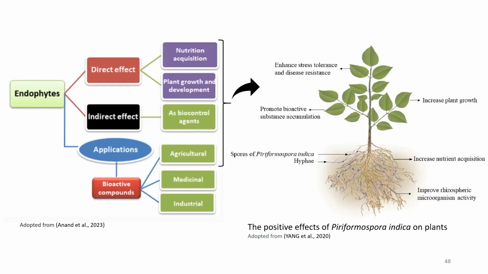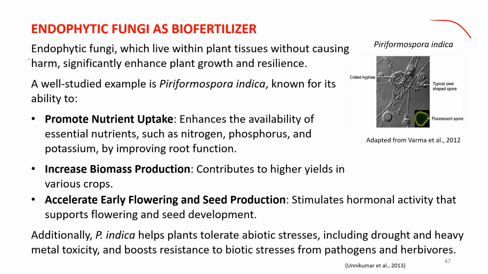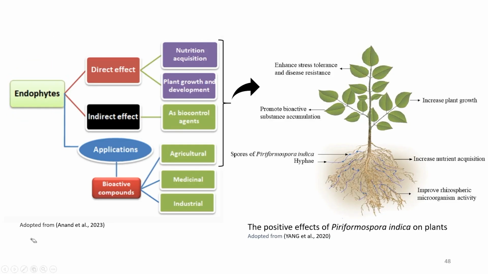Additionally, P. indica helps plants to tolerate abiotic stress, including drought and heavy metal toxicity, and boosts resistance to biotic stresses from pathogens and herbivores. So, we can see here the endophytes which we can use as biofertilizer. They can have a direct effect or an indirect effect. In the direct effect, it helps in nutrient acquisition, plant growth and development, and in the indirect effect they also help as biocontrol agents.